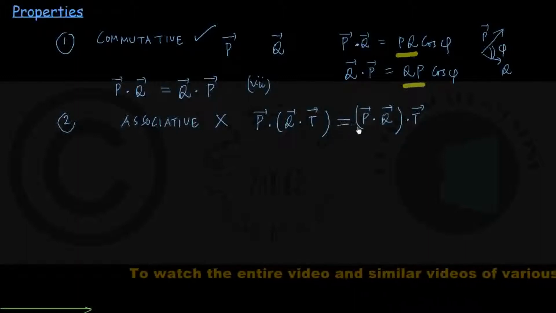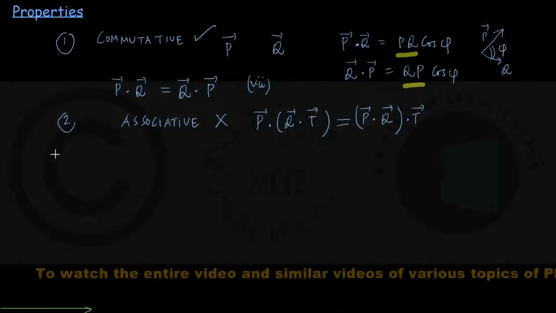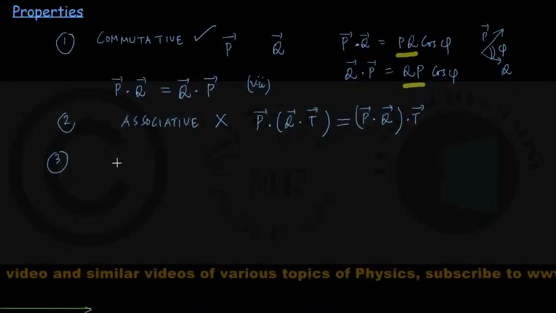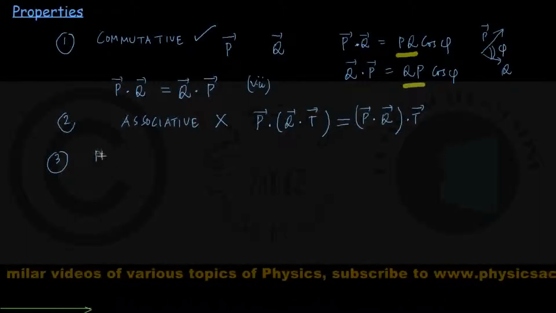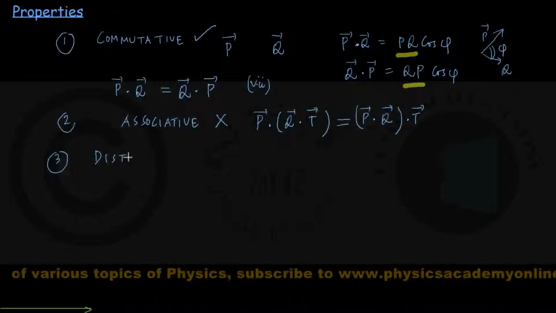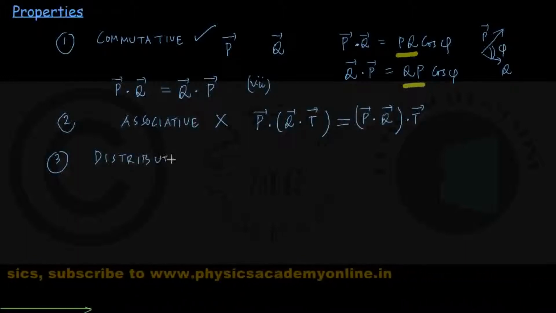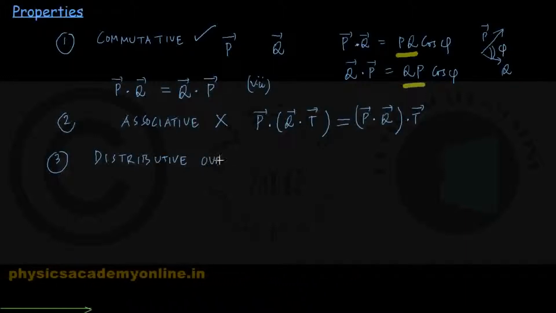Third one, that requires a little bit of understanding, is that scalar product is distributive over addition. For the operation of addition, it is distributive. I shall exemplify that.